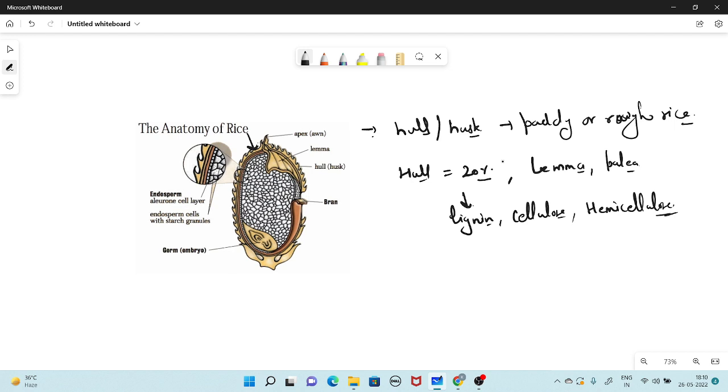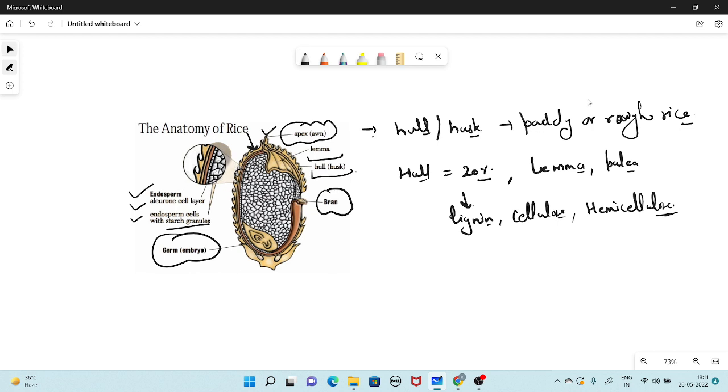As you can see in this one, it has a different apex, which is called the awn structure. It has lemma in the hull. Then it has bran and germ, which contains the embryo, and the endosperm consists of endosperm cells containing the starch granules and the aleurone cell layer.